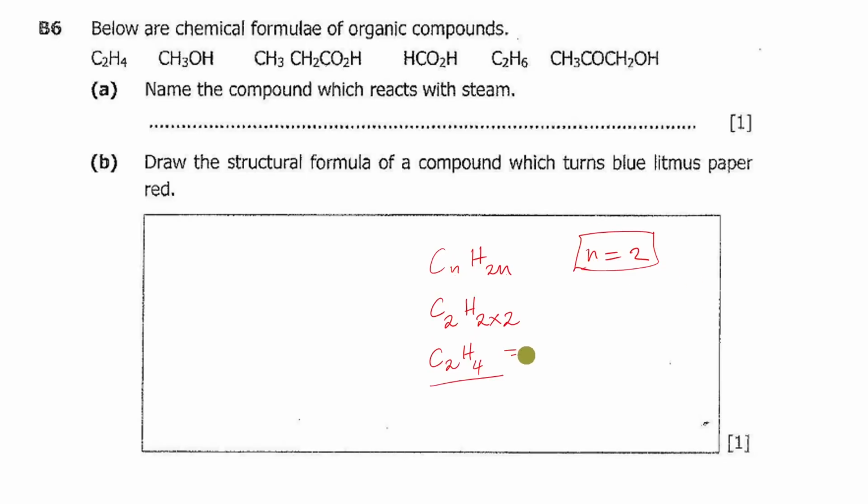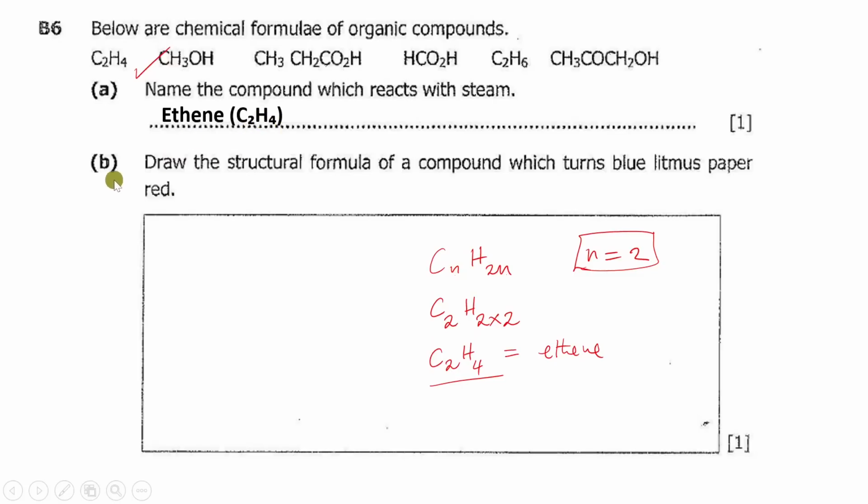This one is ethene. Now I'll check here. Do I have ethene? Yes. If the question says name the compound which reacts with steam, alkenes react with steam, and for this one it is that one there. So say ethene, which is C2H4.